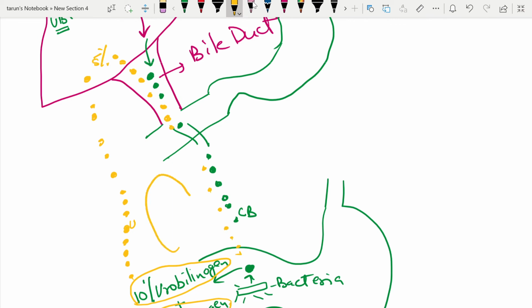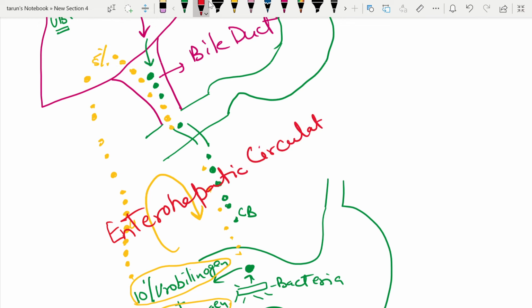This is the enterohepatic circulation from the intestine to the liver and back to the intestine. This is about 5% which comes back into the intestine. What happens to the other 5%? We will see this.